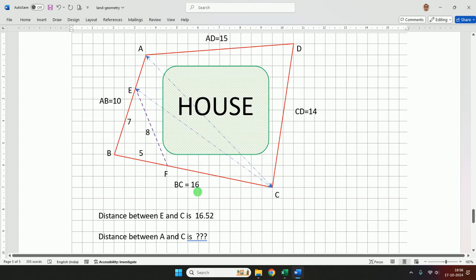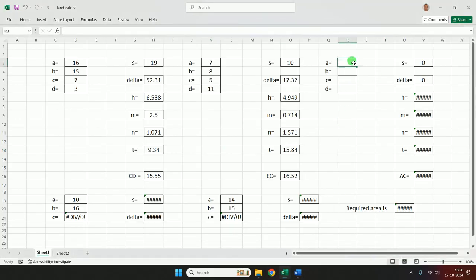A is 16, C is 7, and the other line B becomes that new line 16.52. And how much do you get here? This also is coming 16.52.